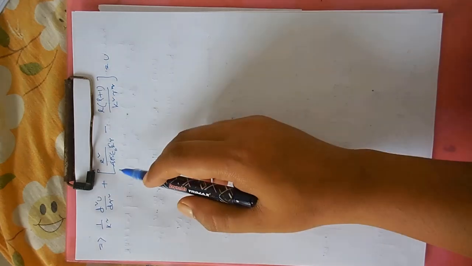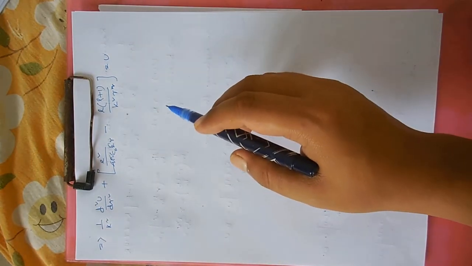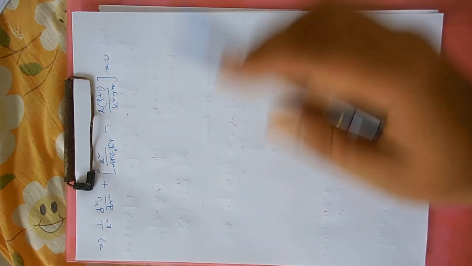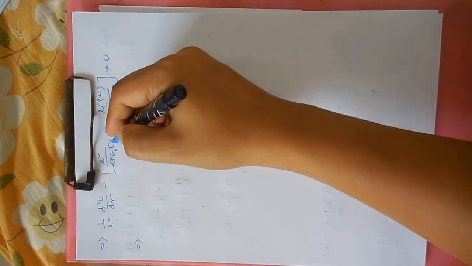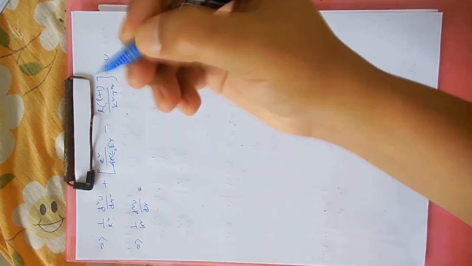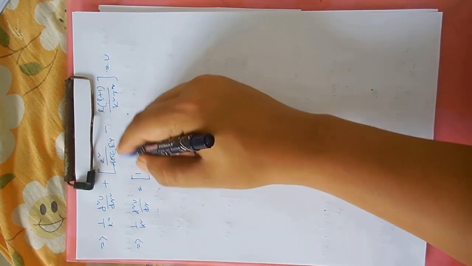If I bring this term to that side, what will happen? Also there is E, so somehow I have to replace all the E terms. If I put E as minus ħ²k² by 2m, I am bringing this term and putting the value of E here, right? So I will get d²u/dr², taking u common, so there will be 1, and this will get minus.